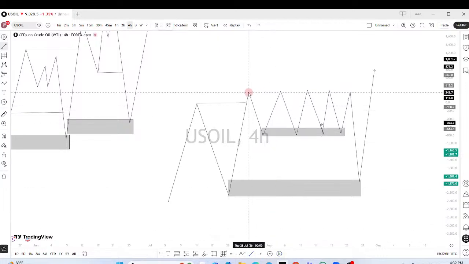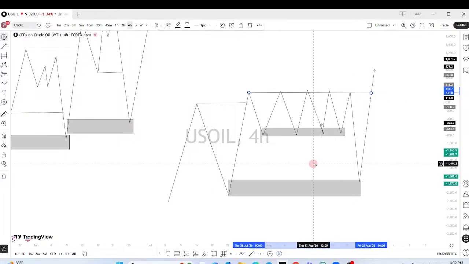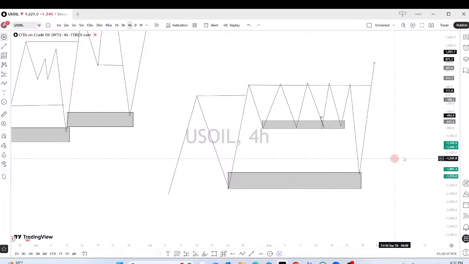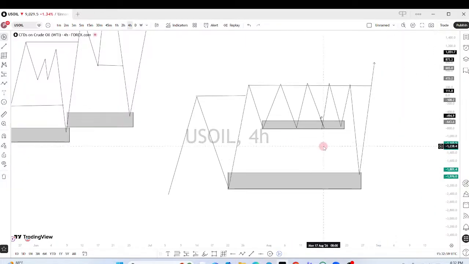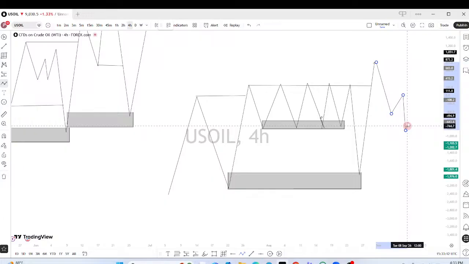Price comes and clears this liquidity sitting here, where you have a breakout structure, right? You have a breakout structure here. So price will still come back, giving you all this level, all this internal liquidity.